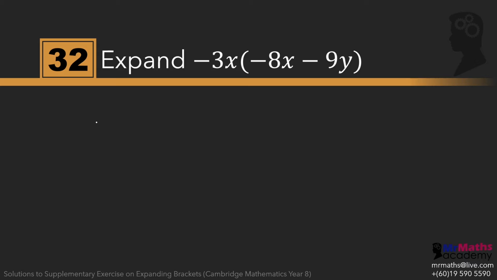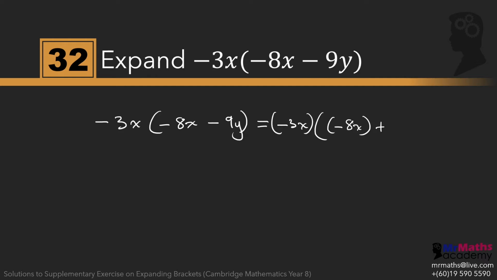Okay, number 32, minus 3x minus 8x minus 9y. So they are all minus terms. So minus 3x inside its own bracket, minus 8x inside its own bracket, plus minus 9y inside its own bracket.